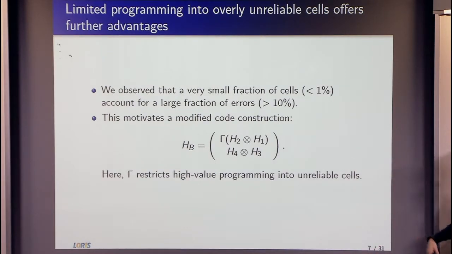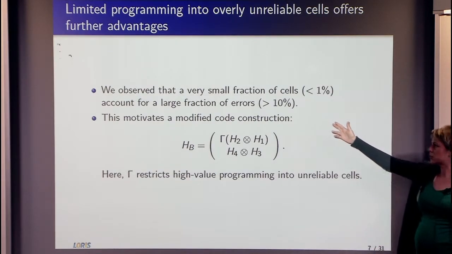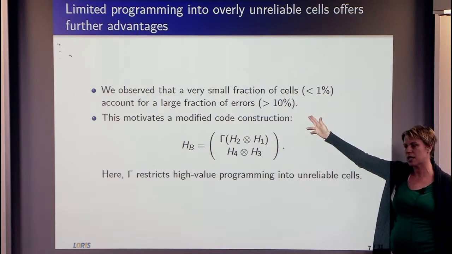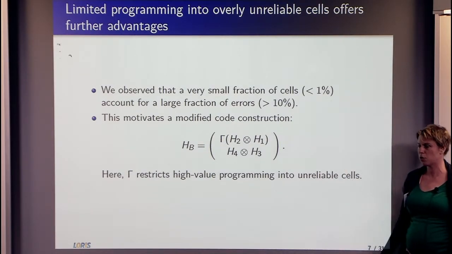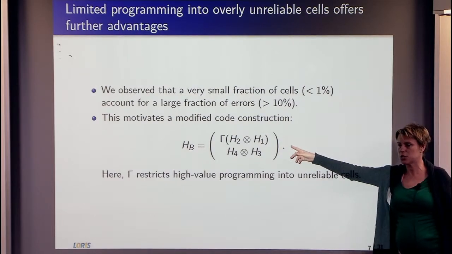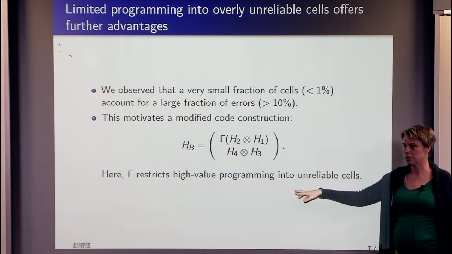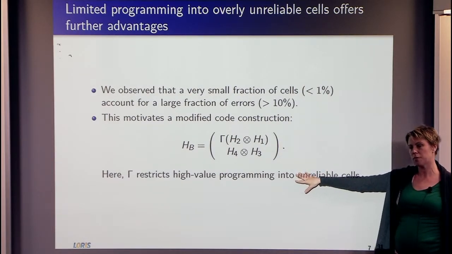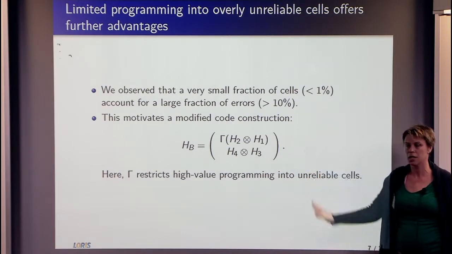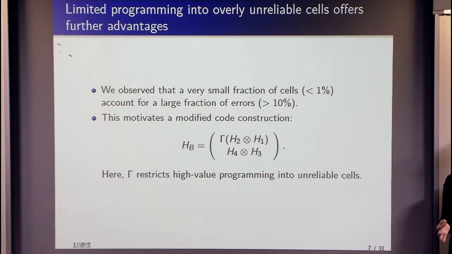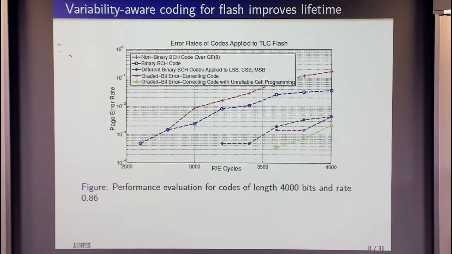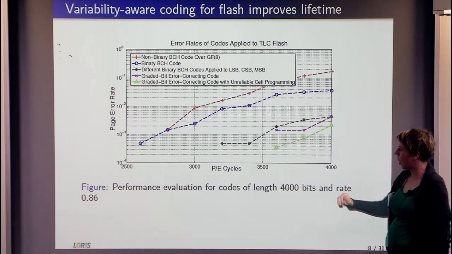There's a very small fraction of cells that have accounted for a non-trivial amount of errors. And with a slight modification of our scheme, wherein we only allow limited programming into those few select highly unreliable cells, we can do a little bit better in terms of our construction. So here's one plot.